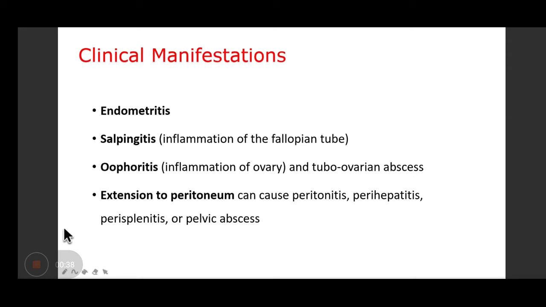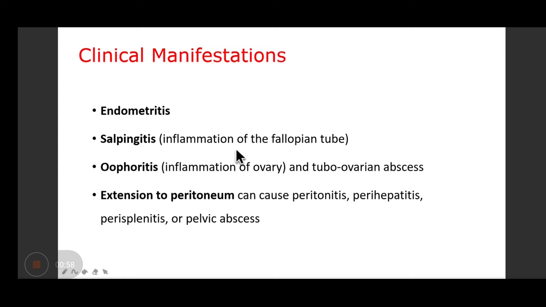So how will PID present, since it involves the various parts of the female reproductive system? It may present as endometritis, that is the inflammation of endometrium.